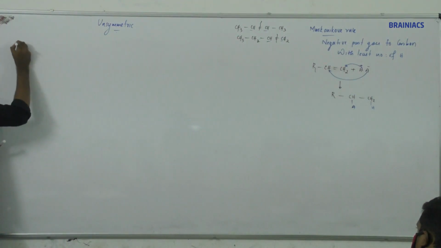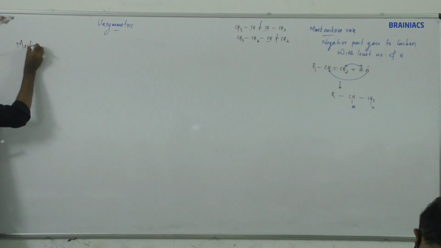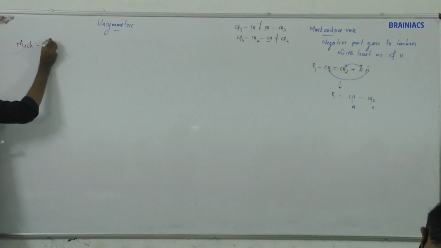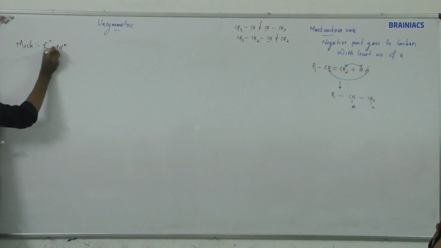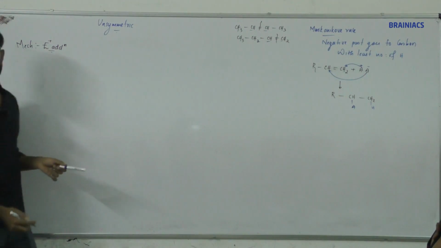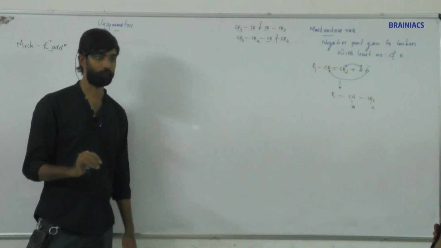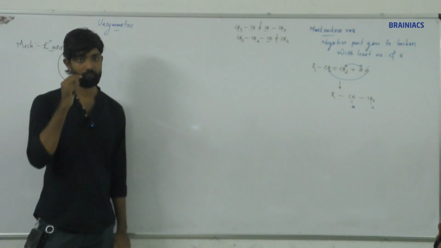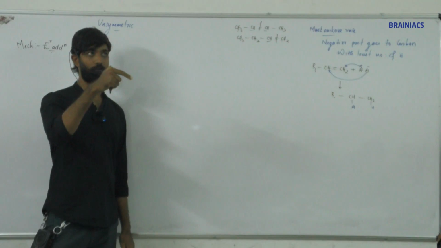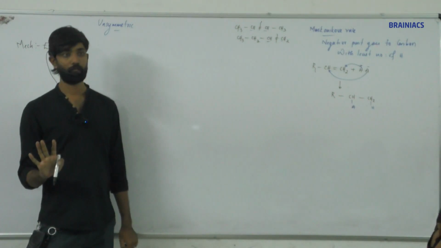So the mechanism of unsymmetric addition is electrophilic addition. Electrophilic addition means first of all the electrophile is added, followed by the nucleophile. The addition of the electrophile is the slowest step, the rate determining step.